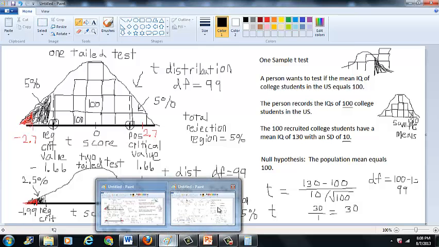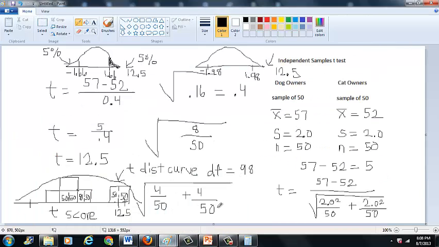In an independent samples t-test, we still have 100 people that give us a t-score, but now it's actually a group of 50 and a separate group of 50. It's 50 dog owners and 50 cat owners that all give us our t-score. And there are always possible combinations of 50 dog owners and 50 cat owners that could be selected when you're sampling from the two populations.